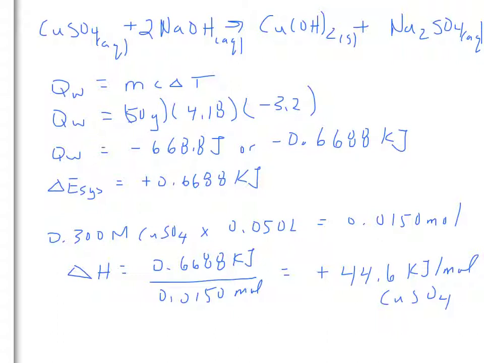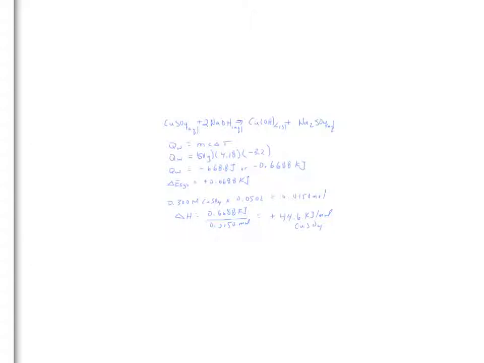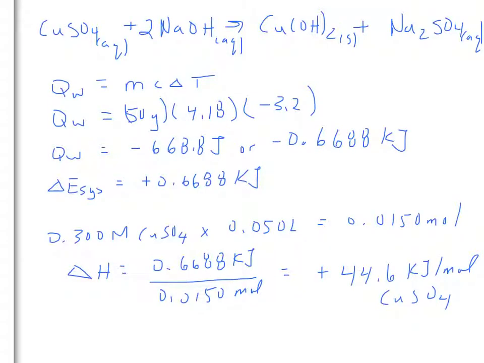So that means that I have to write the energy on the reactant side. Now, this is in kilojoules per mole of copper sulfate. So I have to look and see what coefficient I used to balance my equation. There's a 1 here. That means my number does not change. I'm going to put 44.6 kilojoules. But let's say, for example, there was a 2 there. For every 1 mole of copper sulfate that gets reacted, I get 44.6 kilojoules of energy inputted into my system.